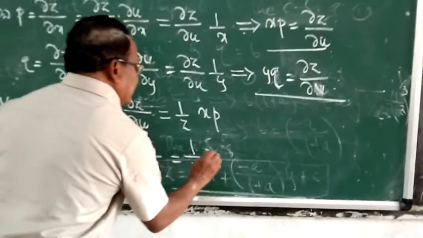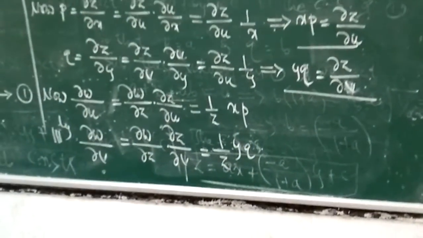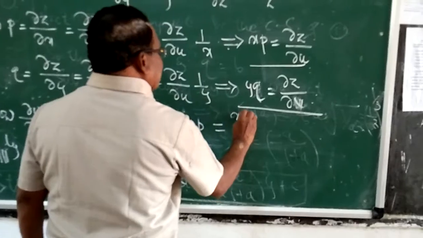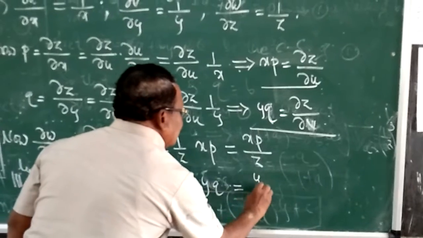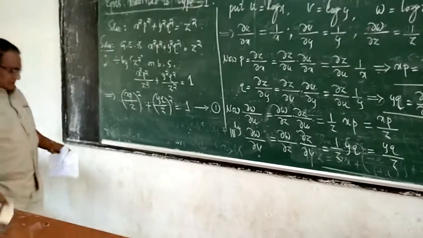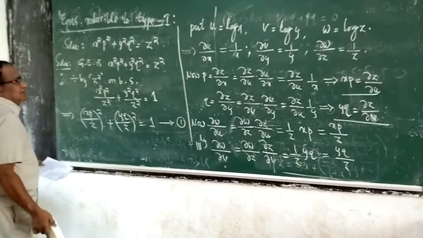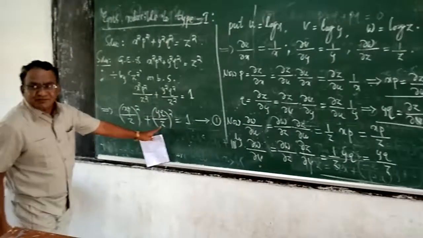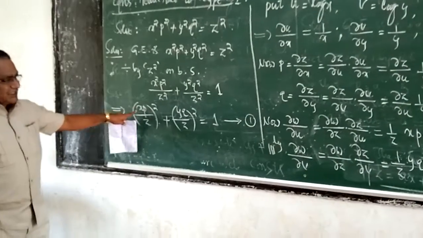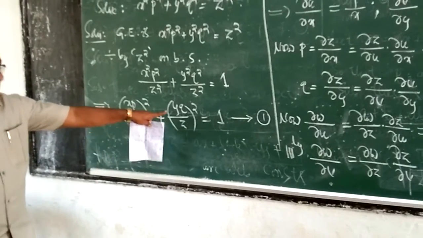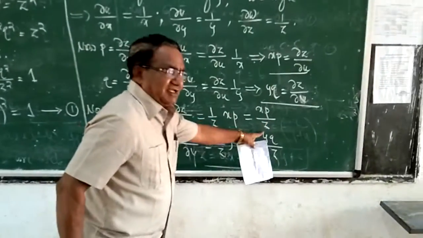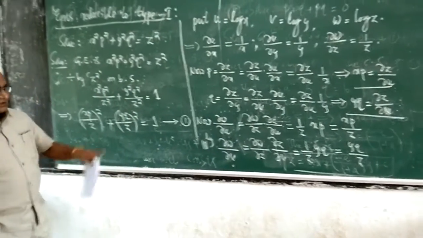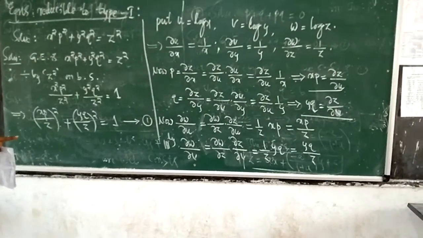You see here, xp by z is dou w by dou u, and yq by z is dou w by dou v.